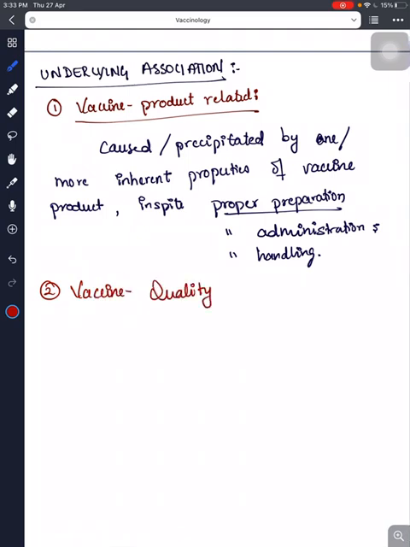For example, limb swelling following DPT vaccine administration.